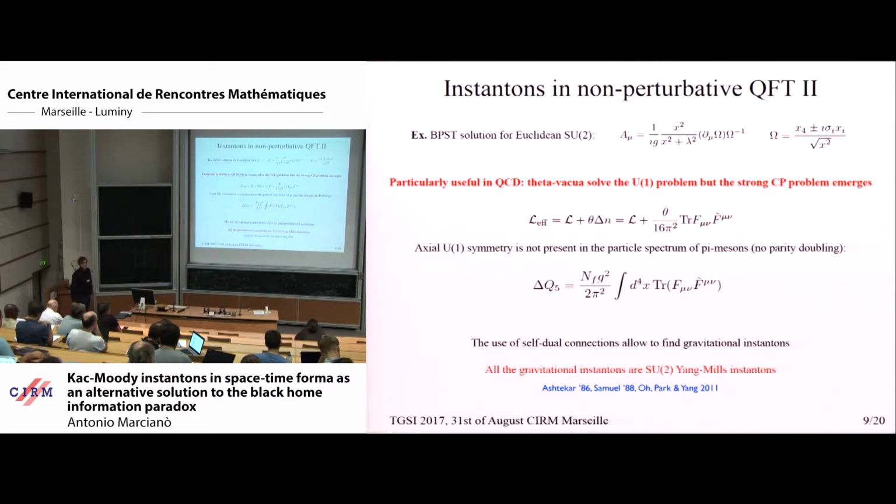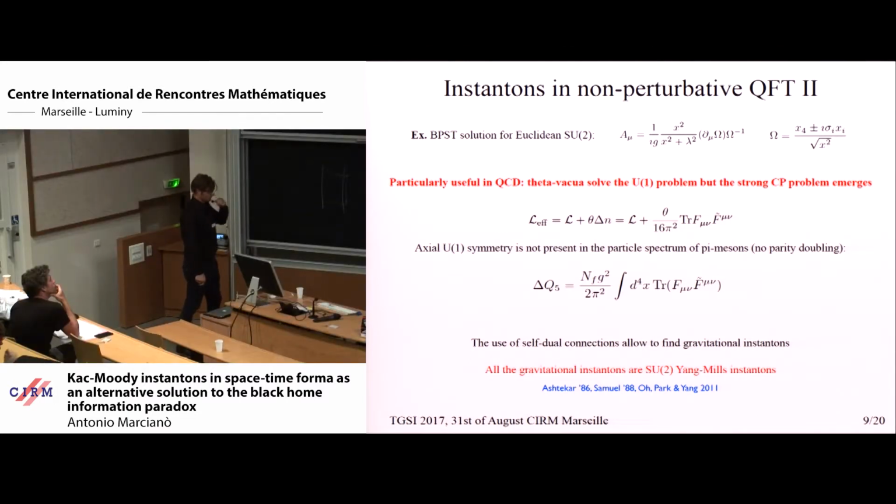So this is widely renowned in quantum field theory, in Yang-Mills theory. It is interesting that, quite recently, following a line of thought very much intertwined with loop quantum gravity and with the starting idea of the self-dual variables by Ashtekar in '86, there was this work by Oh, Park, and Yang in 2011, which continued some old work by Samuel that was using the Ashtekar variables.